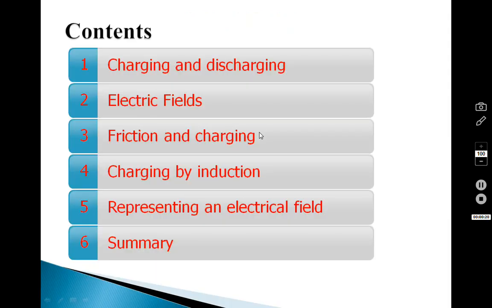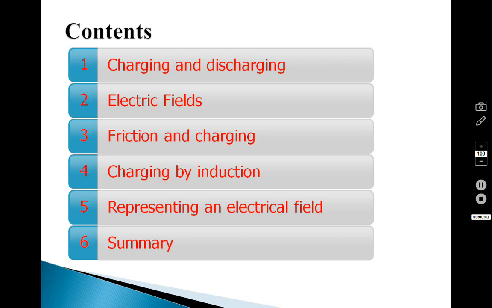Our presentation today will consist of five main parts. First part is what is charging and discharging. Number 2, electric fields. Number 3 is friction and charging, and charging by induction.